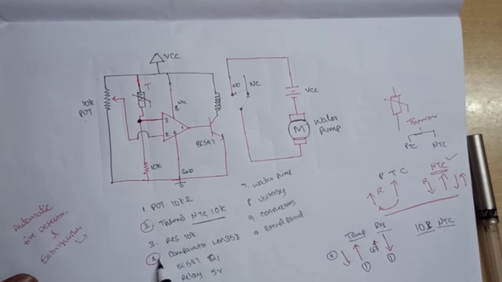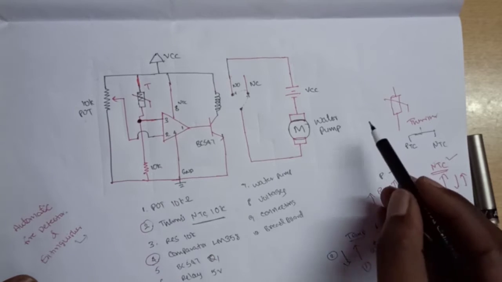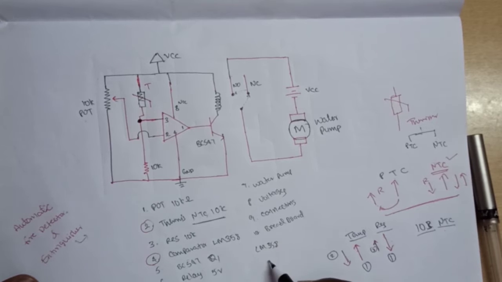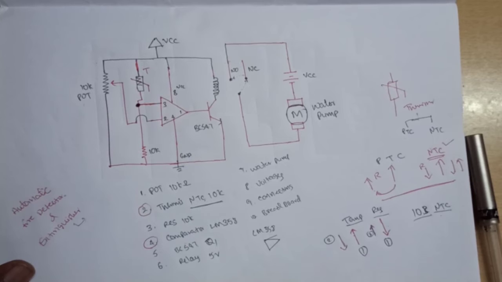Next component is the comparator. This is the LM358 comparator. It has two inputs, pin number 2 and pin number 3. Pin number 2 is the inverting input and pin number 3 is the non-inverting input. For the comparator we have two conditions.